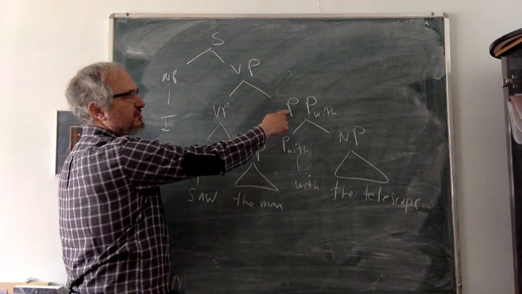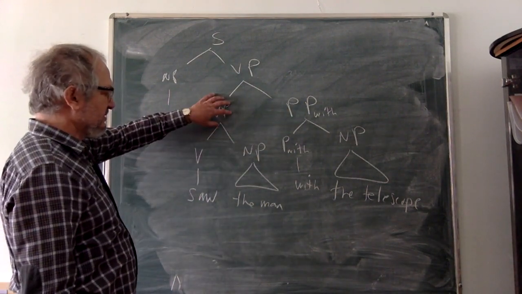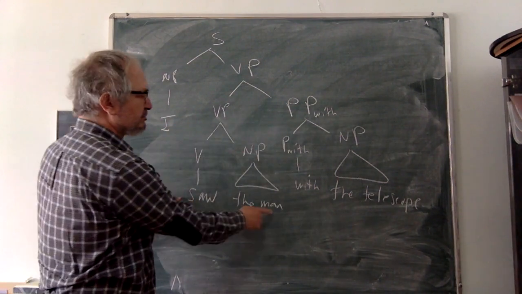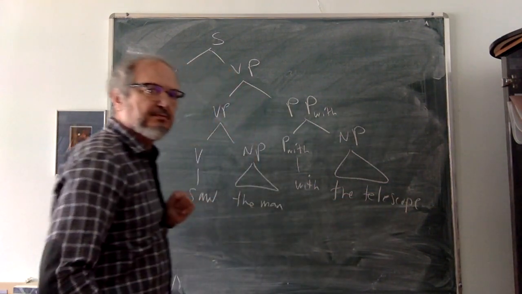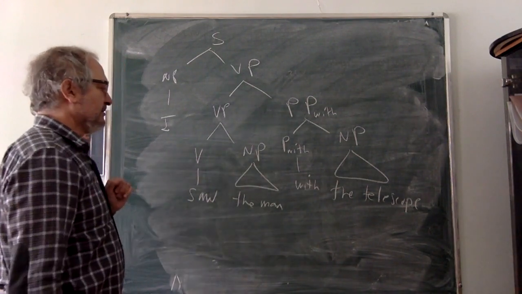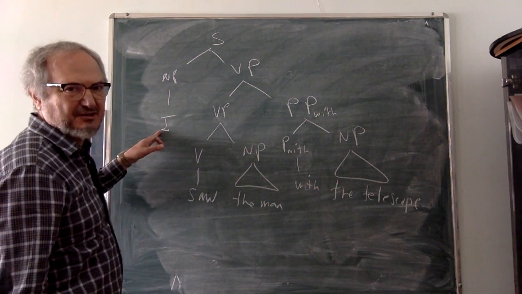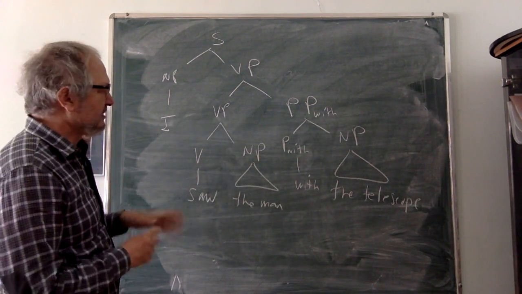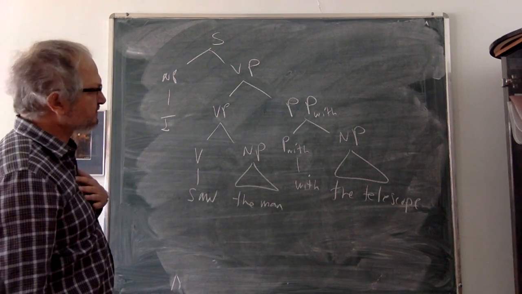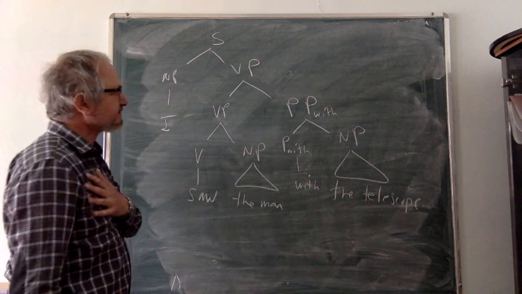Look at the sister of PP. It's the VP. So this is what is being modified, and the VP is saw the man. So I saw the man, and I did it with the telescope. Okay. So the man doesn't have a telescope, and since I do the seeing with the telescope, presumably I had a telescope. But that's not the point I'm trying to get at. This is one interpretation where we're applying many rules.